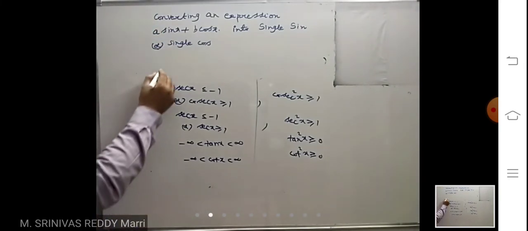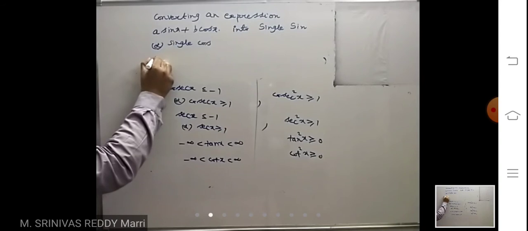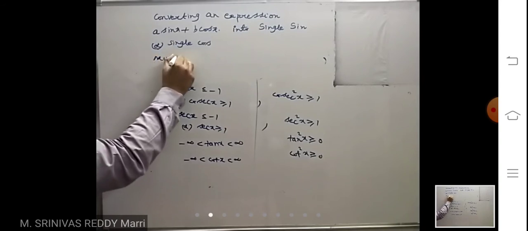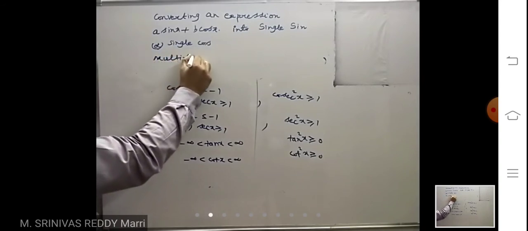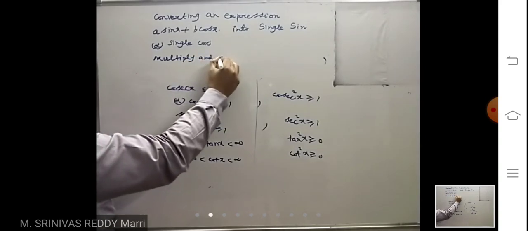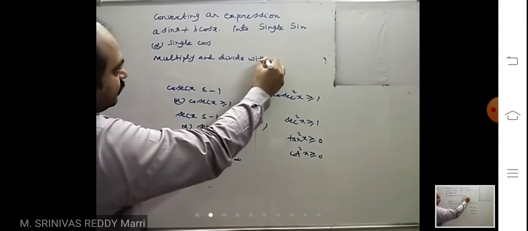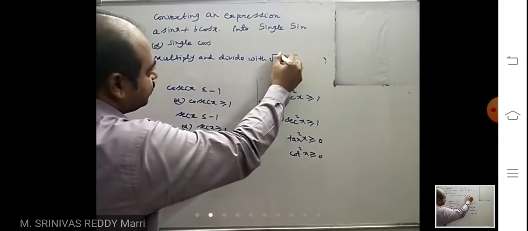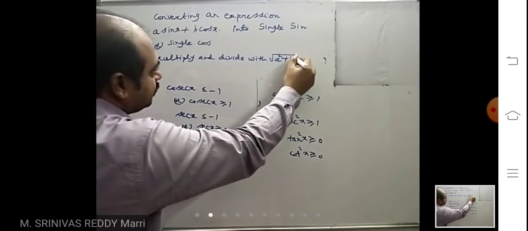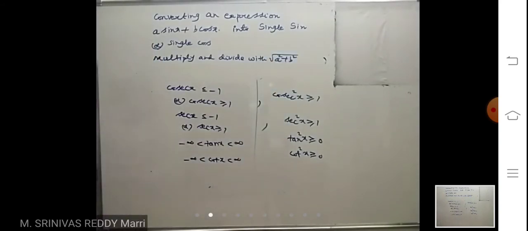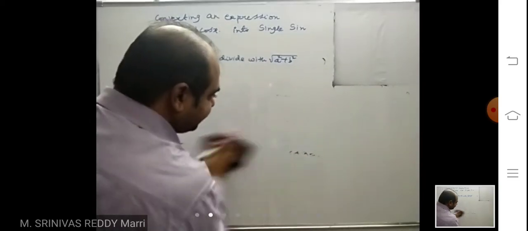Look at how. The thing is, multiply and divide with root of a square plus b square. Root of a square plus b square. Look at how to convert. Suppose an expression is there.